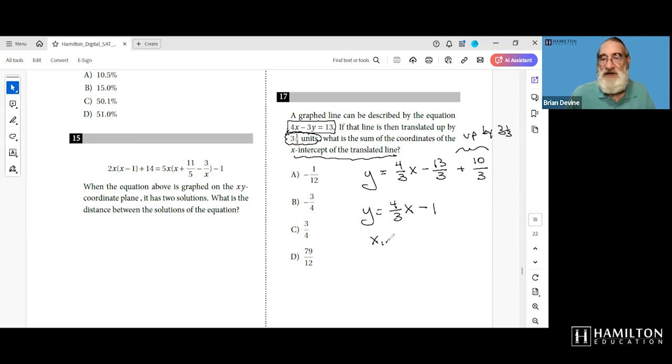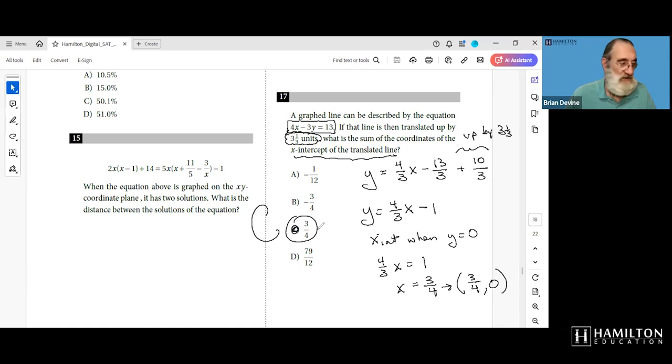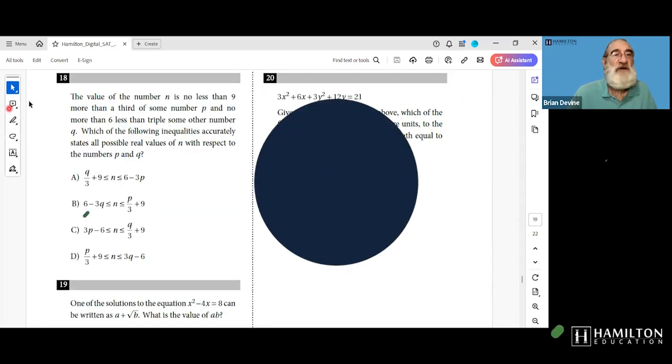And the x-intercept would be when y equals 0. Well, that would have to be when 4/3 x equals 1, which means that x would have to be 3/4. And the point would be on the x-axis at 3/4, 0. And the sum of those two would be 3/4. So C is the correct answer.